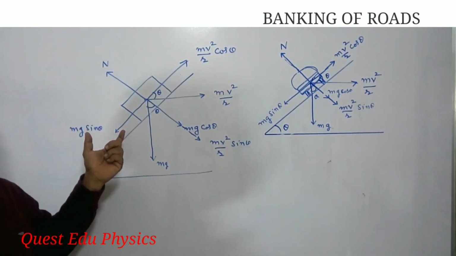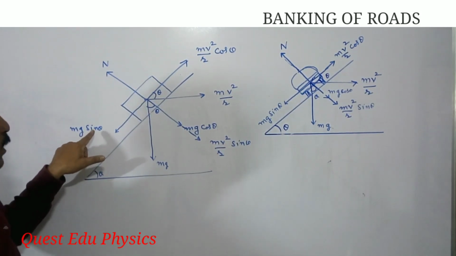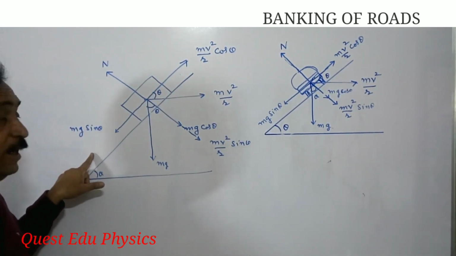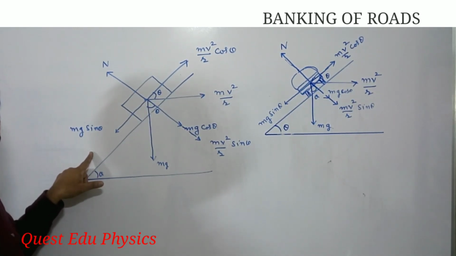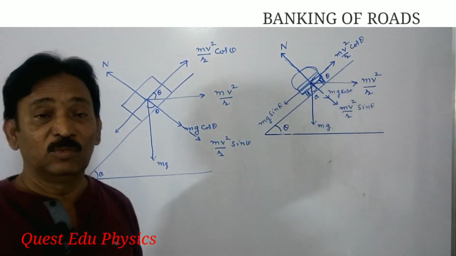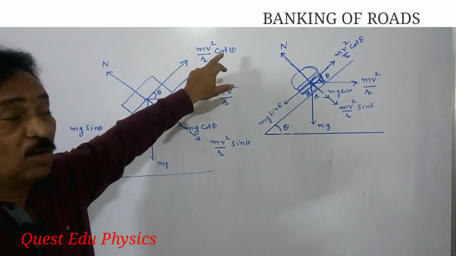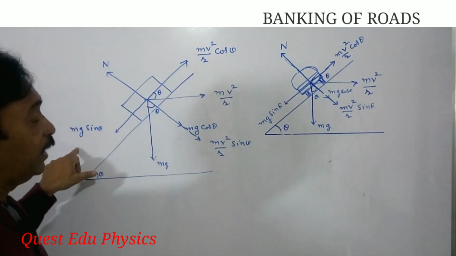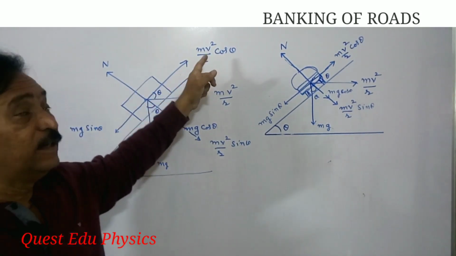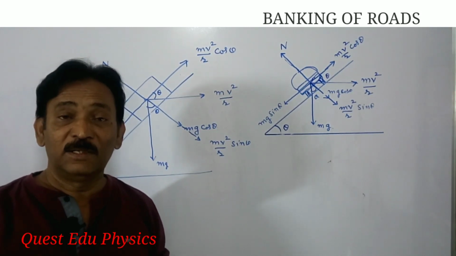Or another example you can take: mv²/r cos theta is greater than mg sin theta.